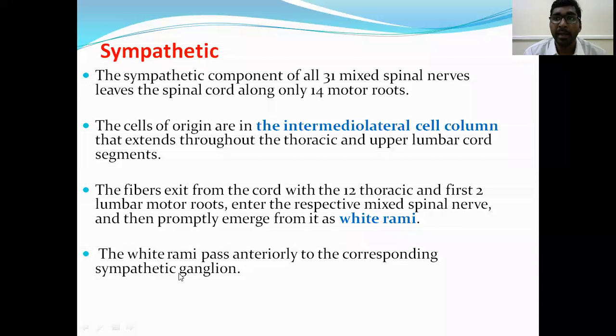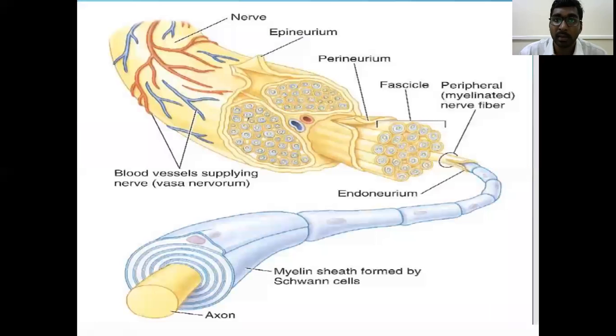The intermediate cell column is the main source of sympathetic output. From it, through white rami communicants, fibers enter the sympathetic ganglion. From the sympathetic ganglion, through gray rami communicants, they again enter the spinal nerve and continue along it. This is the basic anatomy of a spinal nerve.